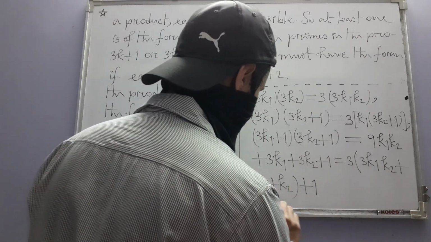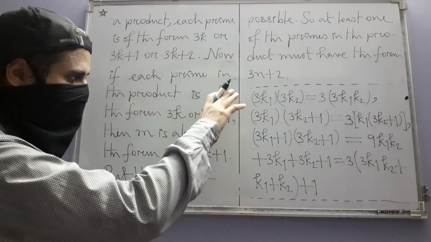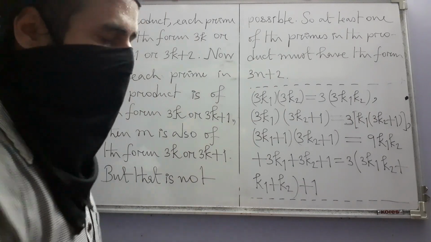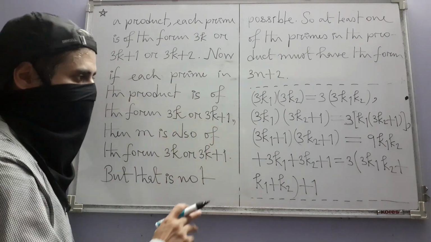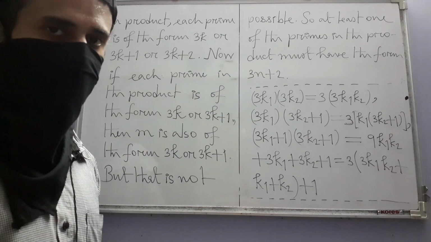So we see that if the prime factors are of one of these forms, okay, not all of them simultaneously, but each one of them is of this form or this form, then we are trapped in those two forms only.